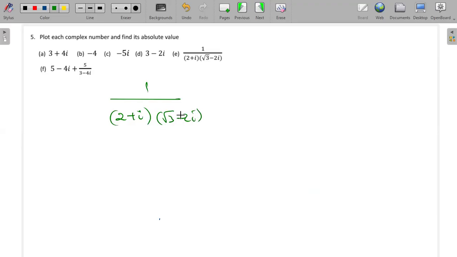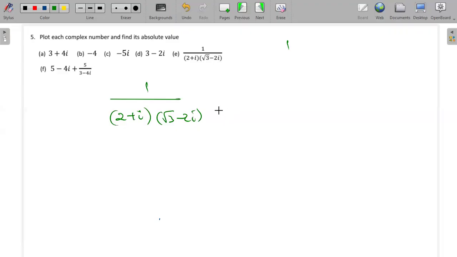So what we can do here, we can do as we did in the first example, where we rationalize them step by step, then we put them together, and then we write our complex number in standard form.